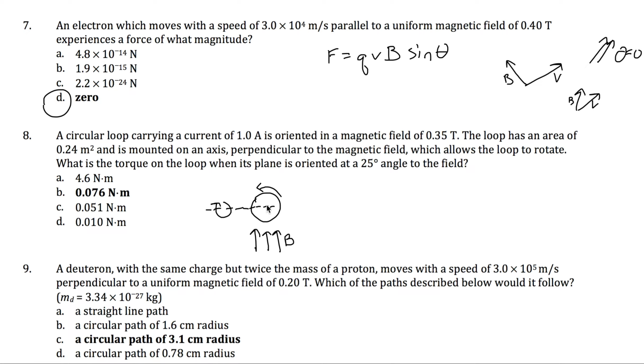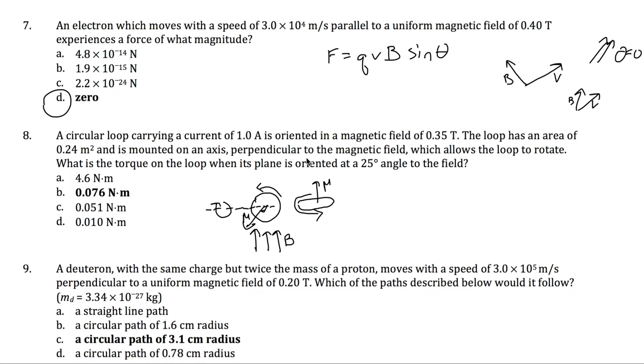Then the magnetic moment would be out of the page, which would be perpendicular to the field. So then you know that the loop would actually rotate so that it now looks like this. A flat loop perpendicular to the page, so that now the magnetic moment mu would be in the same direction as the field, while here the magnetic moment was perpendicular to the field. So you know it's going to rotate.